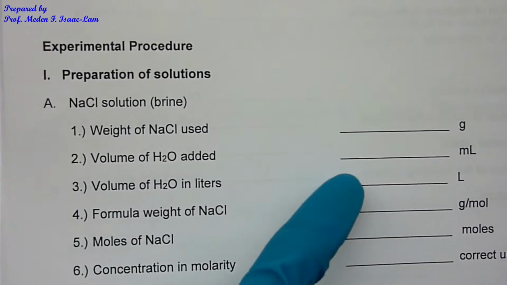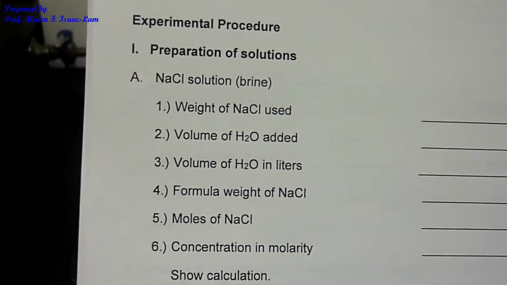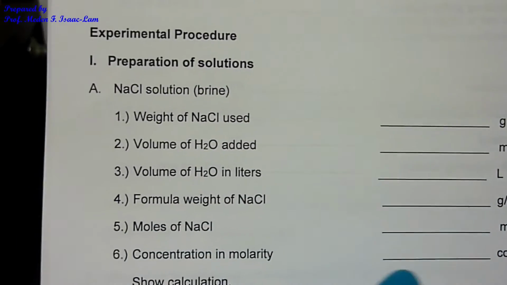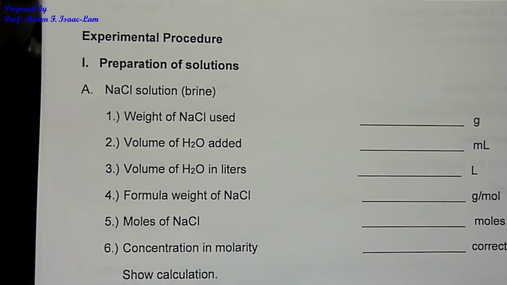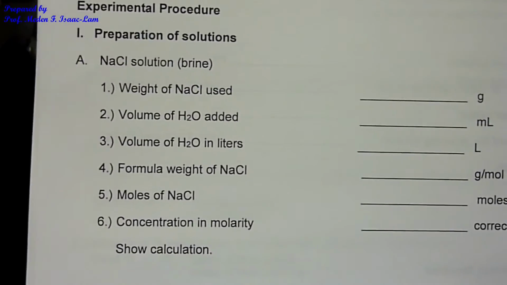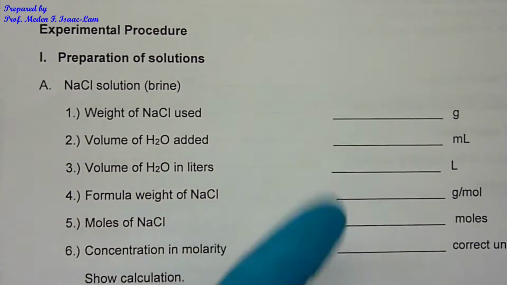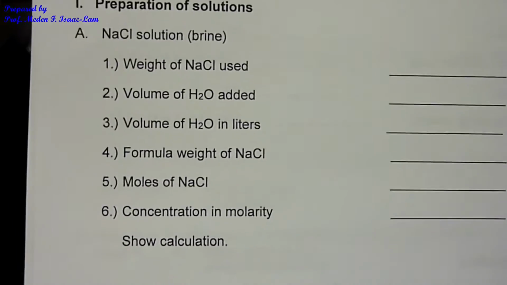You are going to convert the ml to liters, taking into consideration the significant figures. Then write down the formula weight of NaCl in grams per mole, the moles of NaCl, and determine the molarity to the correct unit and significant figures. Show the calculation at the bottom. You're basically just filling in the blanks, but show the calculation, please. So that's part A.